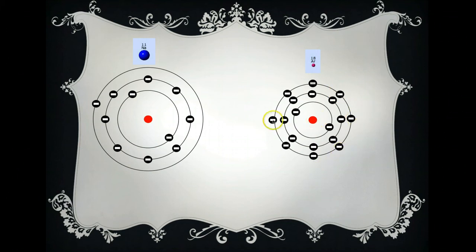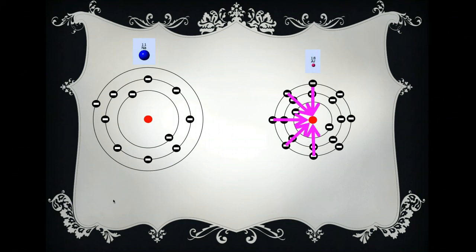These protons can reach out and each grab on to one of the 8 electrons, and it pulls those electrons in, so it has more electrons to pull. So that's what causes the radius to get smaller as we add electrons from the left of the periodic table to the right.